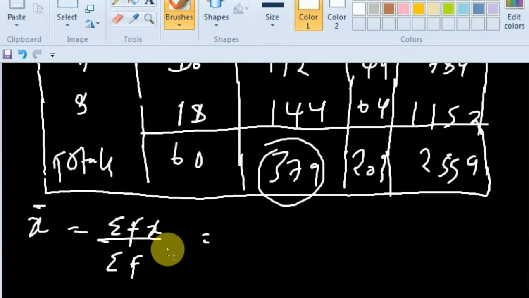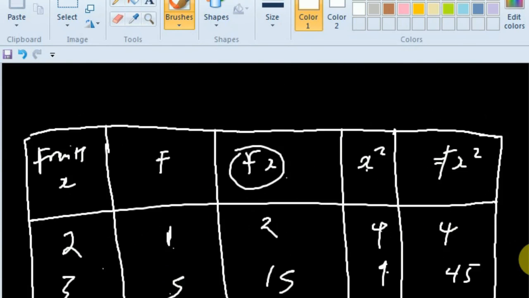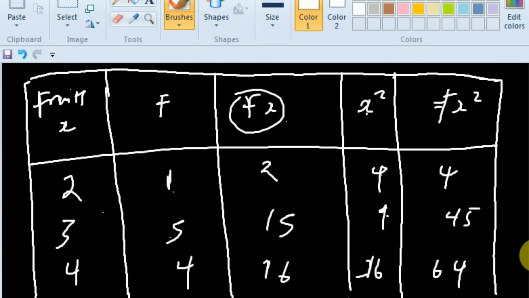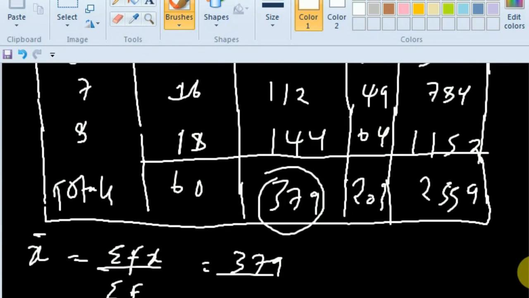So to calculate that, we're going to say 379 divided by the summation of f. The summation of f, we know that it's this column here. So we're going to get the number which is on the bottom, which is 60. So we know that's 60. And our mean there is going to be 379 divided by 60 is 6.31.